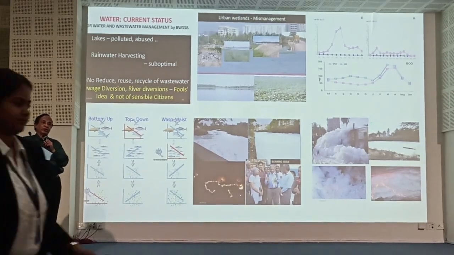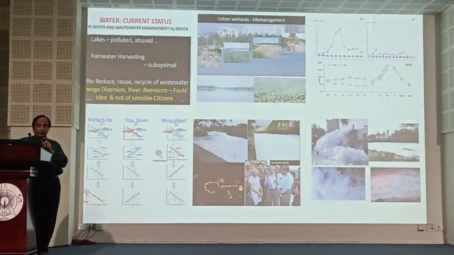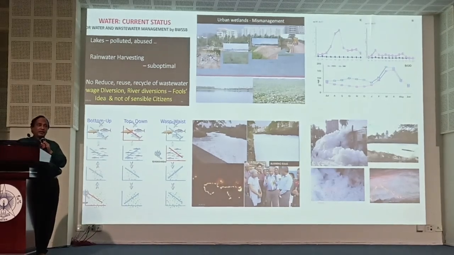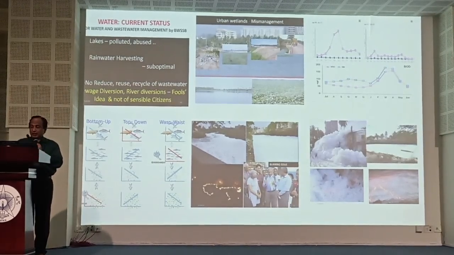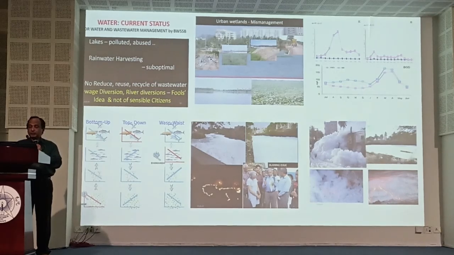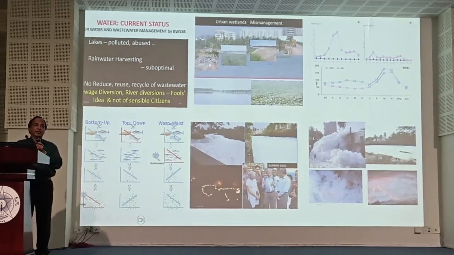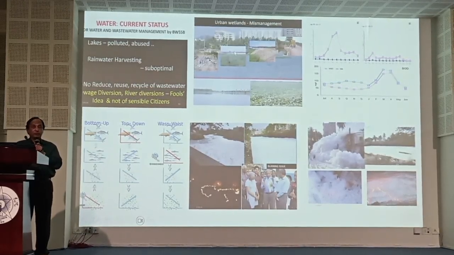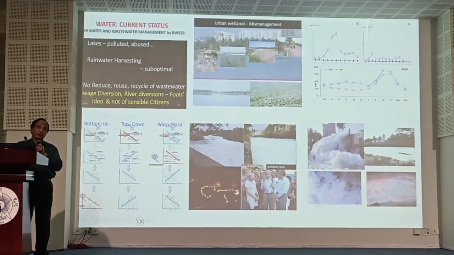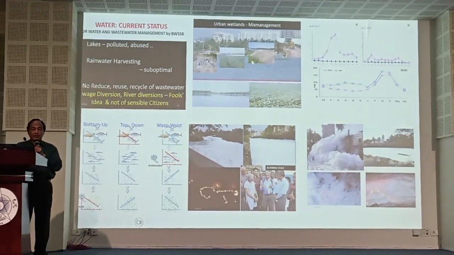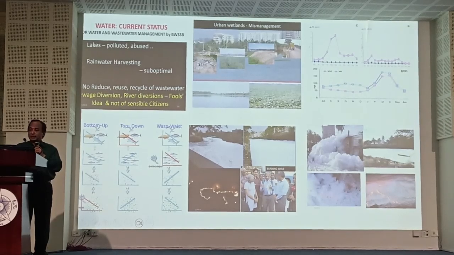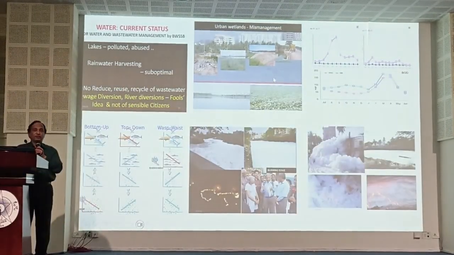That means we have sewage in almost all the lakes in Bangalore. When you look at the contamination, solid waste is dumped in the lake bed, and chemicals from it get leached into the lake water. Similarly, the lake is being encroached, and there is a sustained inflow of sewage.